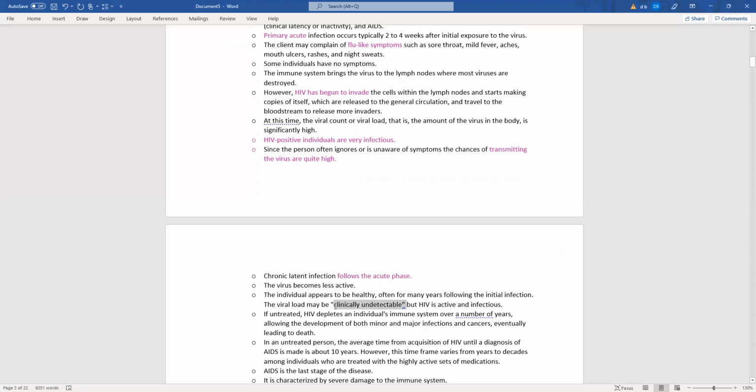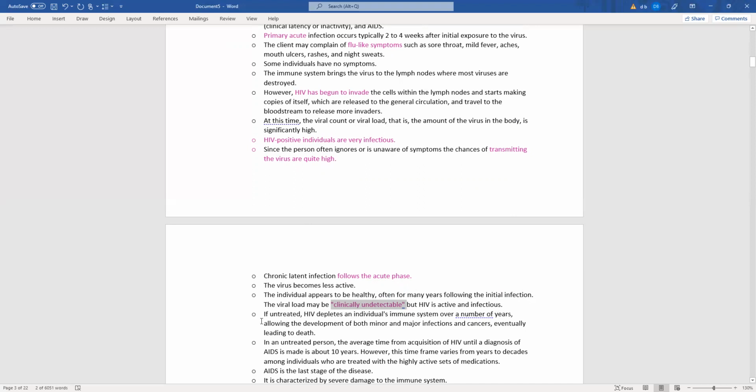When people say they are dormant, or they don't have anything, clinically undetectable, but HIV is active and infectious. They may be undetectable, but they still got it.